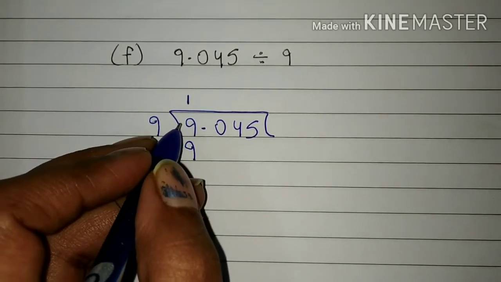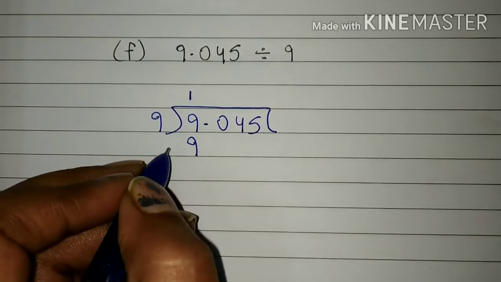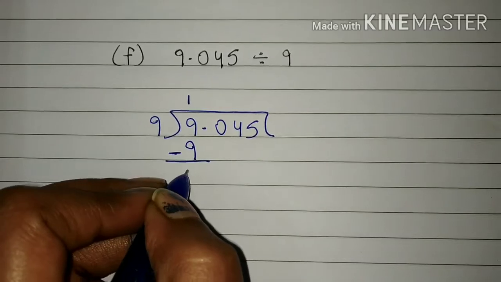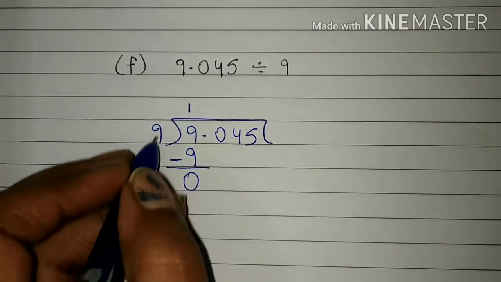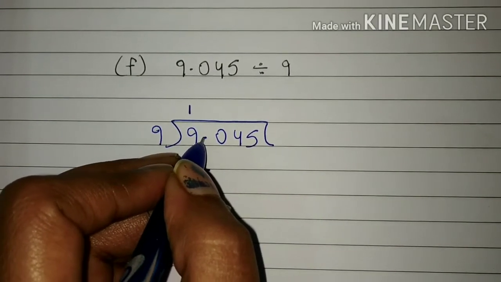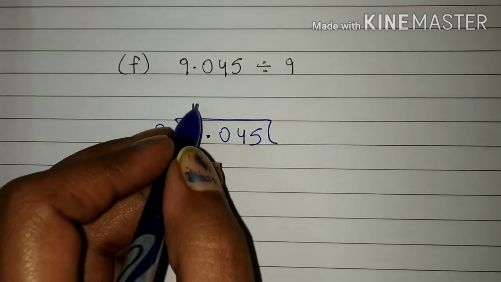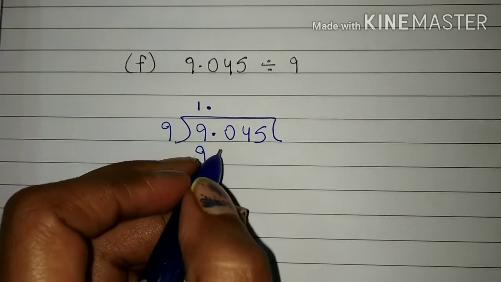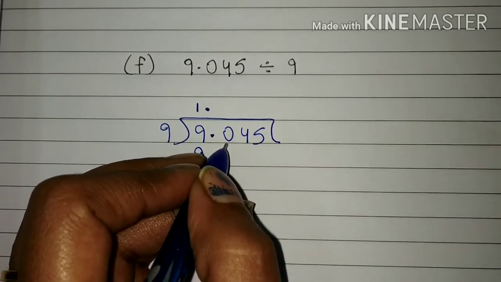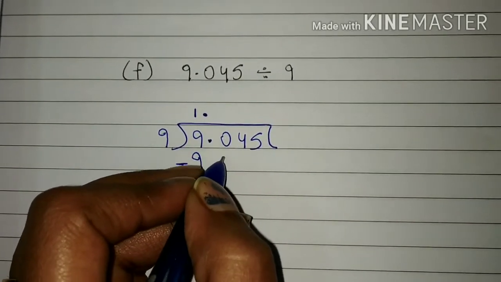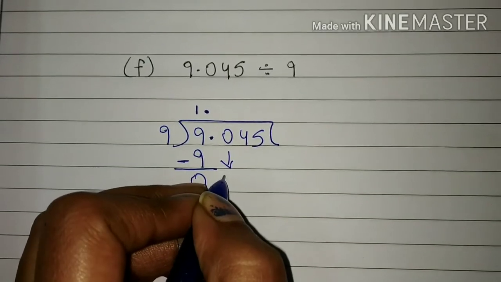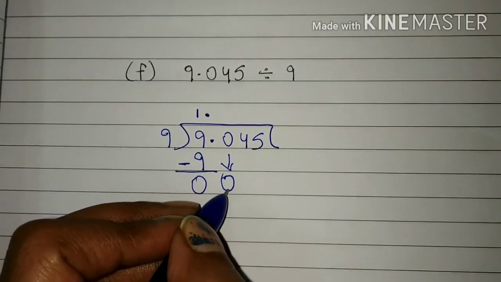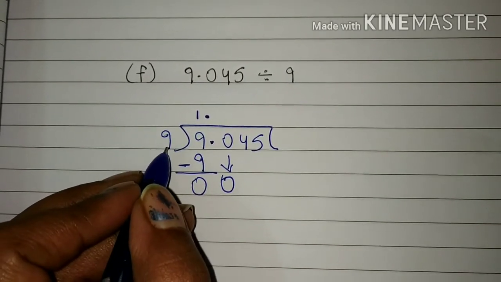Now students, we will subtract these two numbers. 9 minus 9 is 0. Students, you can see that here is a decimal point, so here also we will put a decimal point. Now students, we will copy down the next number, that is 0. Students, 0 cannot be divided by 9.